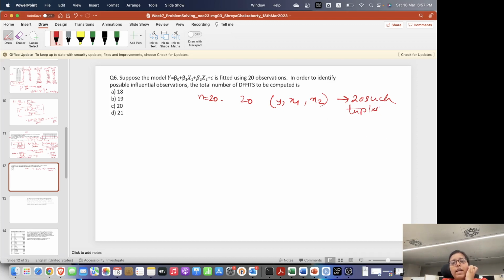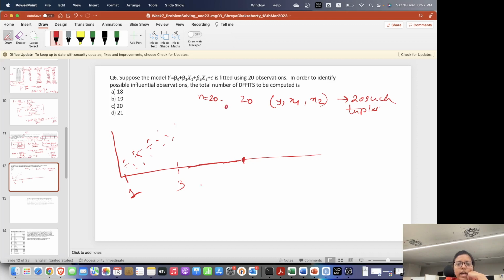So, in order to identify possible influential observations, let's say if we have a scatter plot, and we have an x value which is very extreme, such that the usual range is, let's say, between 1 to 3, but this x that I have is very extreme, something around 10.